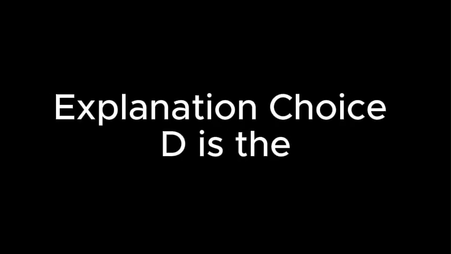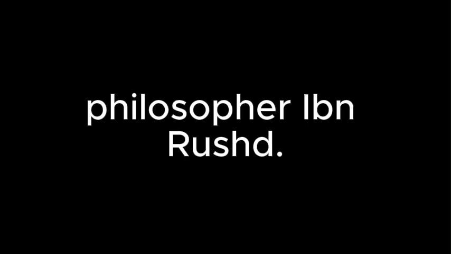Selected answer A. The correct answer is D. Explanation. Choice D is the best answer because it most logically completes the text discussion of the 12th century Islamic philosopher Ibn Rushd. As used in this context, inconsequential to means not significant to.